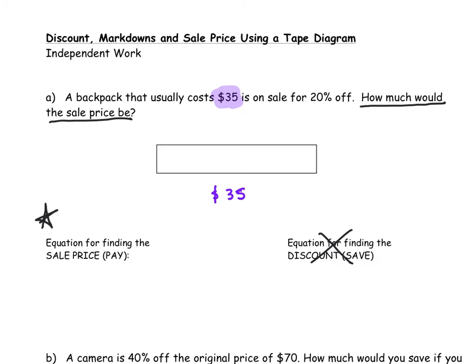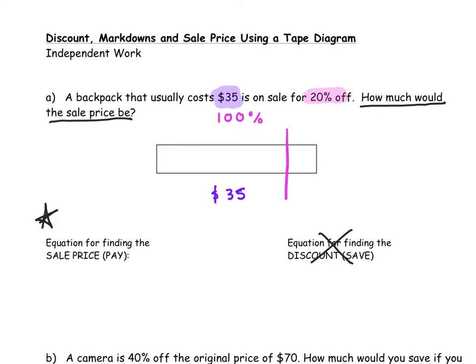They also told us that we get to take 20% off, and that's given as a percent. So this tape diagram is worth 100%. So we're going to go ahead and take off about 20%.